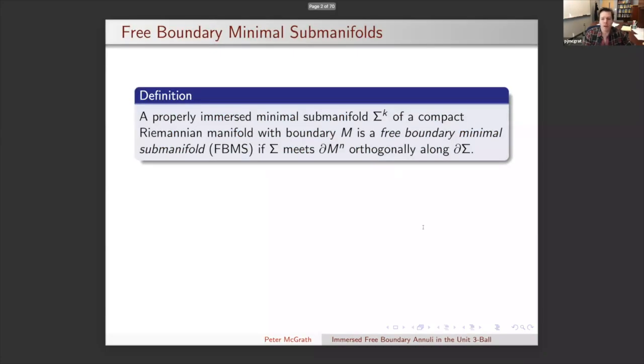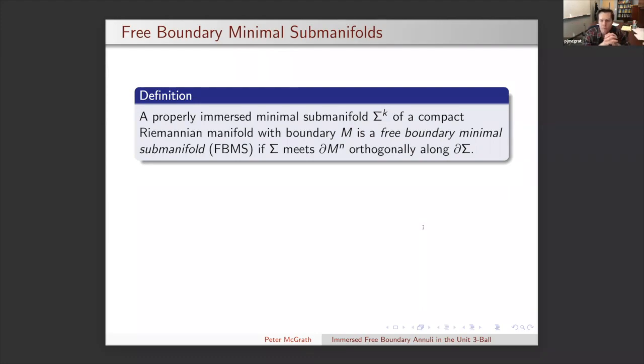So I'd like to begin with just some definitions. Certainly some of the spectral geometers here will be familiar with free boundary minimal surfaces, but I wasn't sure if everyone would. So for the majority of this talk, I'll be talking about submanifolds of an ambient manifold M that are minimal, their mean curvature vanishes, and they meet the boundary of M, which I assume to be smooth here.